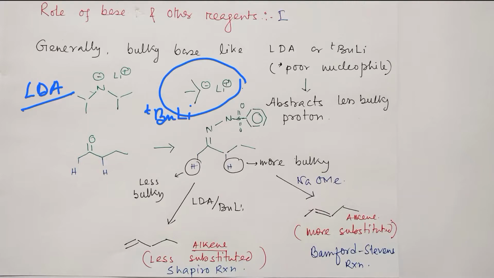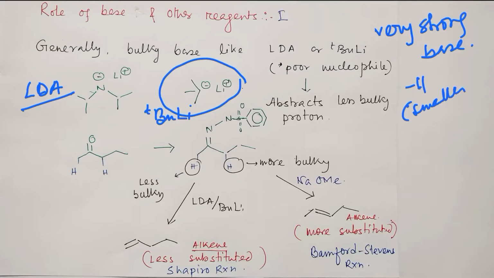Because they are poor nucleophiles but very strong bases. When there is a chance of proton abstraction, there is also some chance of substitution, and that could be eliminated by two factors: one is hard center and second is bulkiness. When the negatively charged species is bulky, it is capable of selectively abstracting the proton because it is smaller in size.